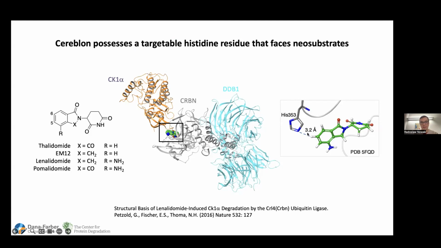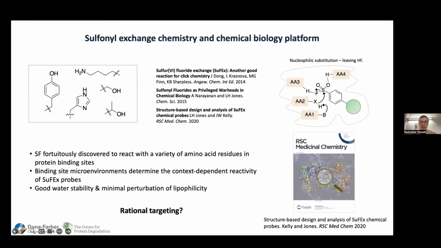What is quite special about cereblon is really the amino acid composition of the binding site. The binding site is composed of a tryptophan pocket, but outside of that pocket there are a couple of really interesting residues, and I wanted to draw your attention to histidine 353. This residue, we have shown, happens to be reactive, and we are able to effectively design covalent compounds targeting that residue.